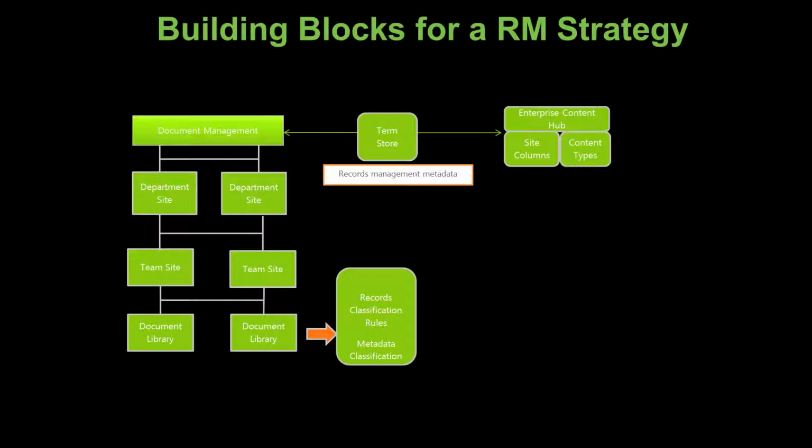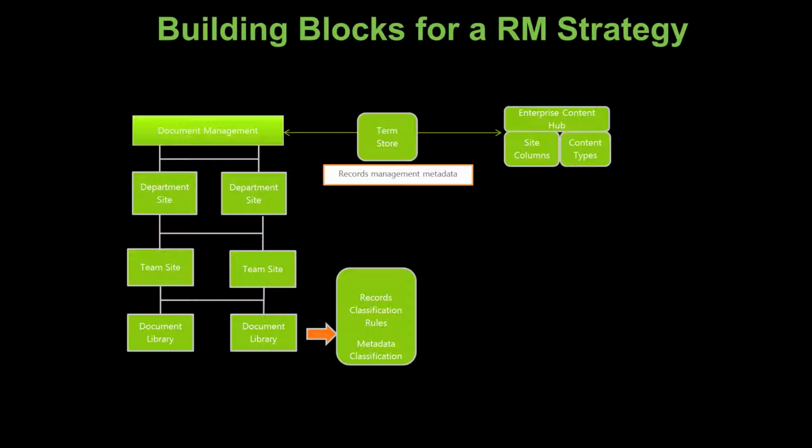We want users to work within a familiar environment and an environment that works for them. The records classification rules, or the business rules, really are the glue between identifying the types of documents that are created in the system and associating a particular records class or records classification rule to that.